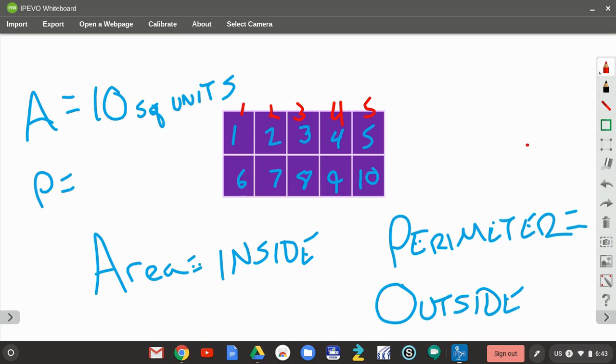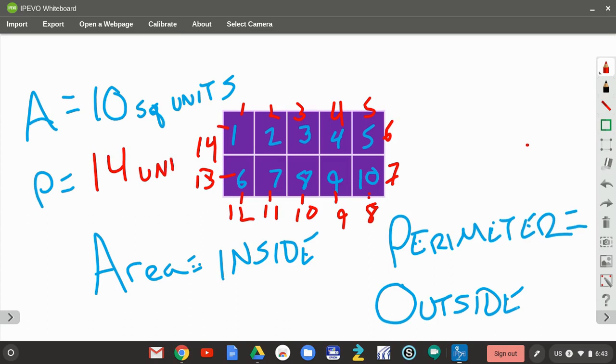But I also have to count the sides now. 6, 7, 8, 9, 10, 11, 12, 13, 14. Each one of the little sides is worth 1. I just count those and add them up. So it's the space around the outside, that distance. In this case, the perimeter is 14 units.